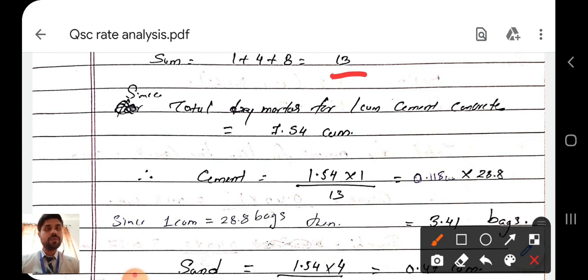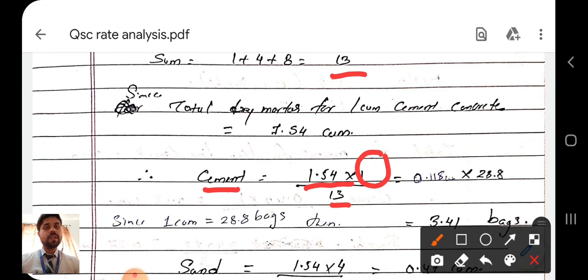So 1.54 will be divided by 13, and then it is multiplied by the ratio of that material. The ratio of cement is 1, as we have discussed earlier. So 1 is multiplied, which is equal to 0.118 cubic meter.